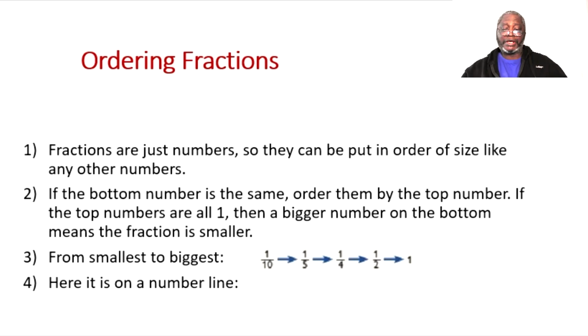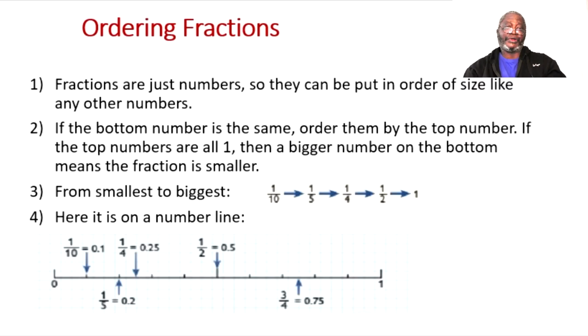But 1/4 means you divide a loaf of bread into 4, you take 1. That's smaller than half. 1/5, you divide a loaf of bread into 5, you take 1. That's even smaller than 1/4. And 1/10 is even smaller. So you need to be very careful and look at the number line and see how it's done.